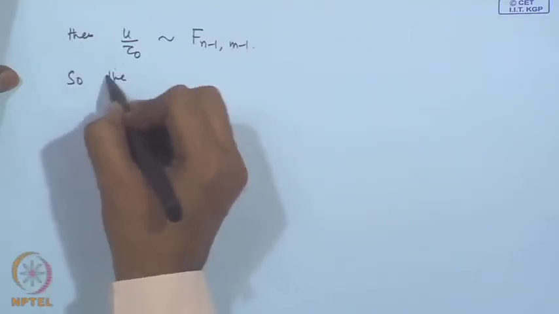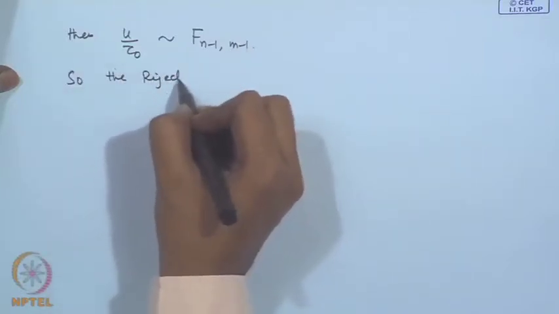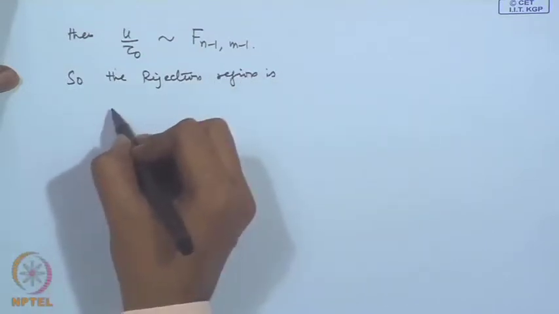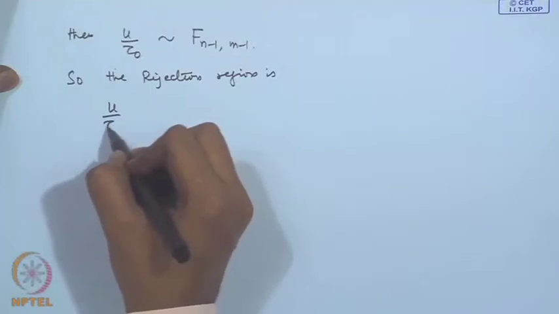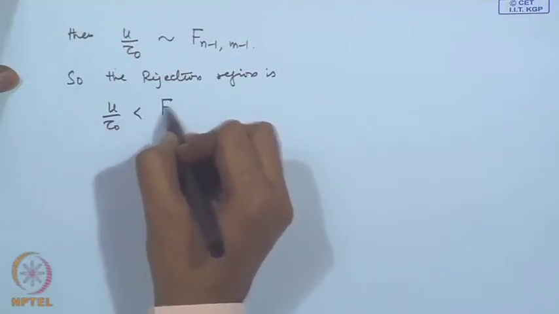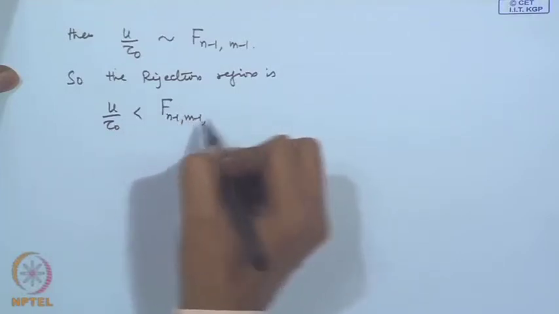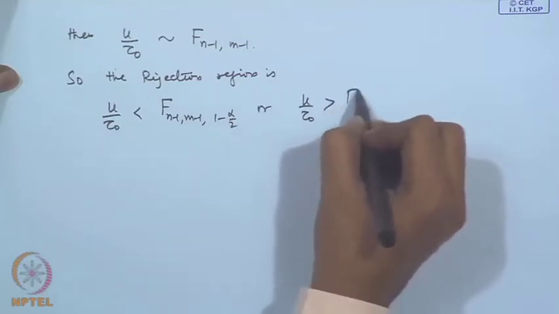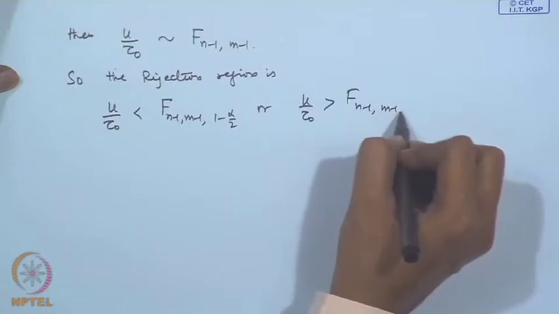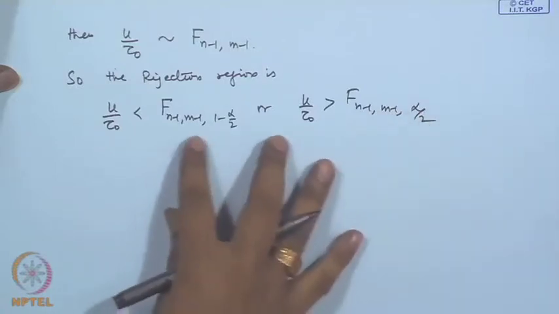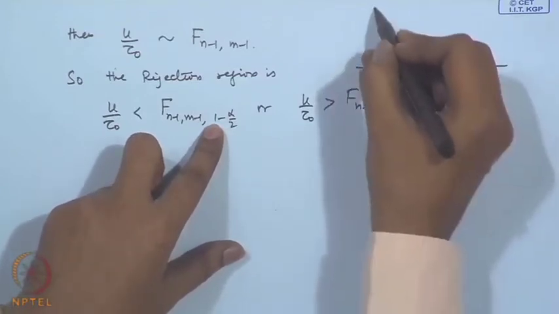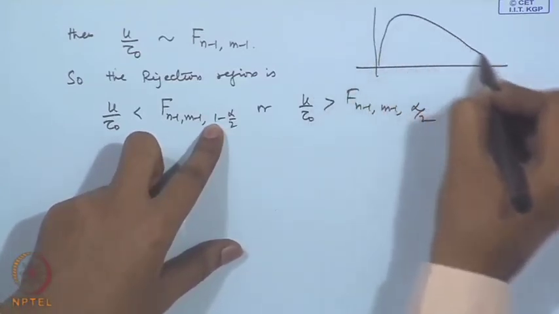So, the rejection region is u by tau naught less than F n minus 1, m minus 1, 1 minus alpha by 2, or u by tau naught greater than F n minus 1, m minus 1, alpha by 2. Of course, this is not necessary. I have taken the 2 points symmetric, but F distribution is not symmetric.